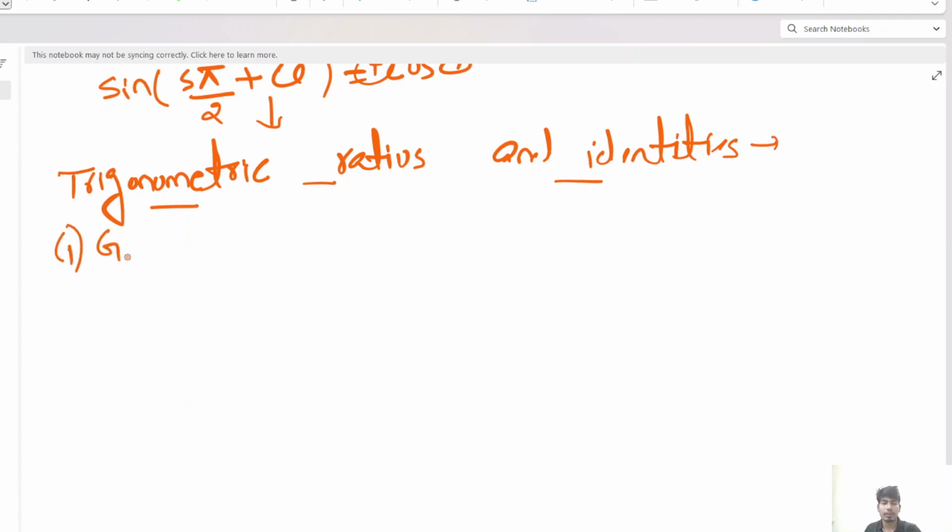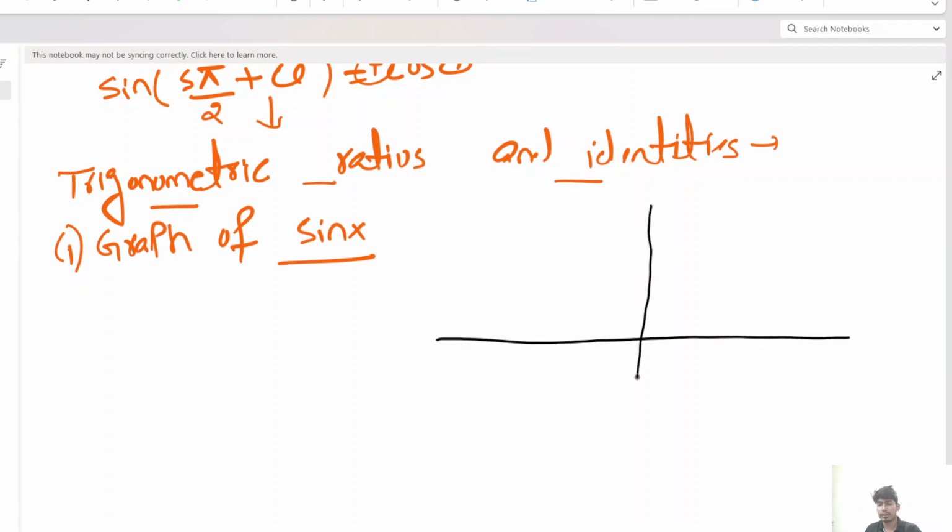First we draw the graph of y is sin x. This is our x-axis and this is our y-axis. Let this value be 0, this is pi by 2, this is pi, this is 3 pi by 2, and this is 2 pi.